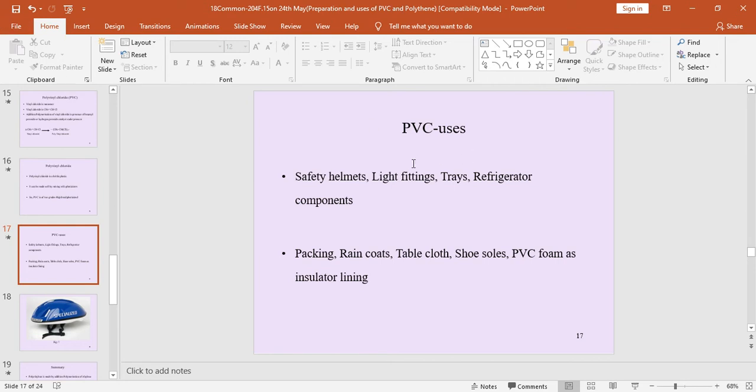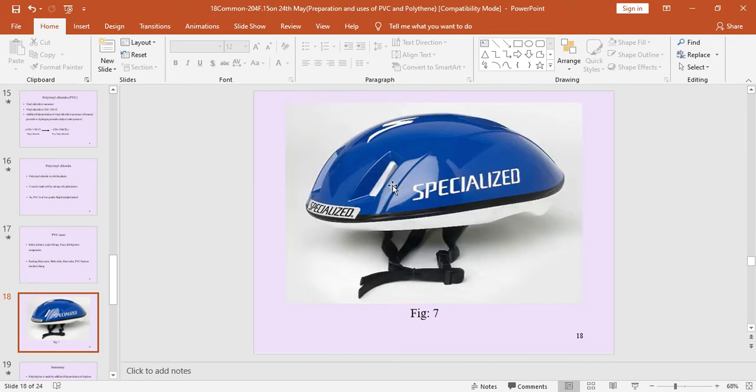Right, these are PVC uses. See here, this is a helmet prepared from PVC, polyvinyl chloride.